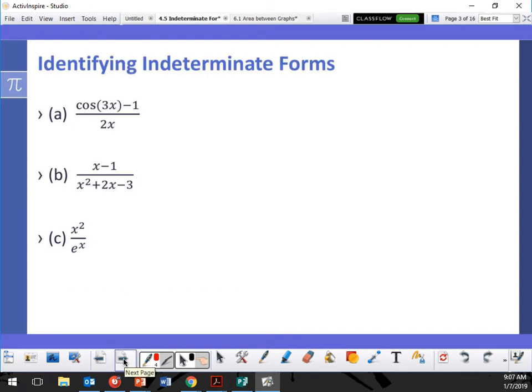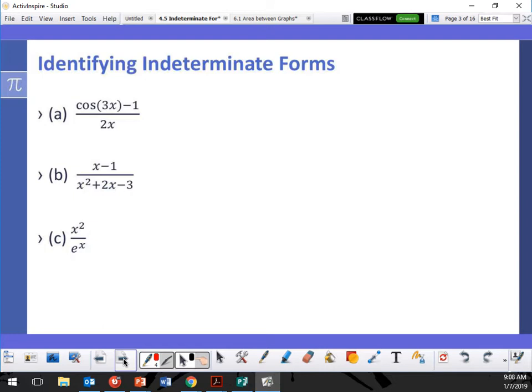So for this one right here, to be able to do this, I need to actually plug in a number. This one we are plugging in at 0. I forgot to actually change that on this.